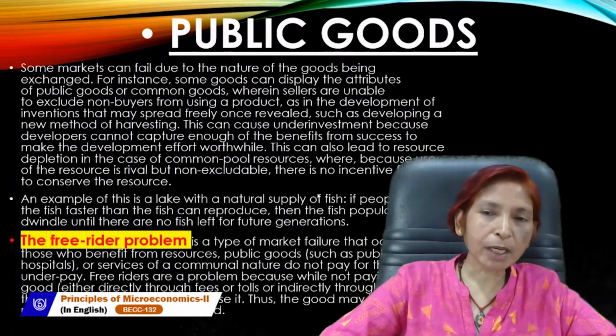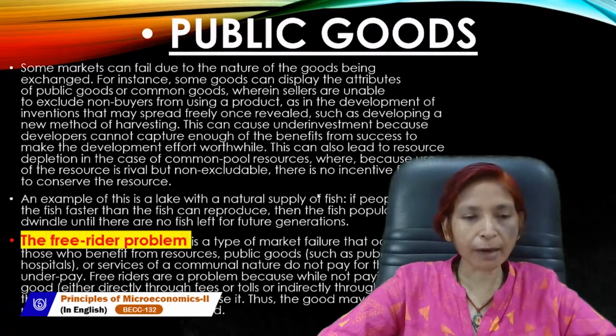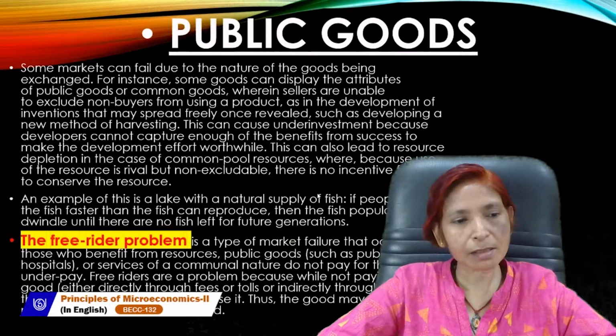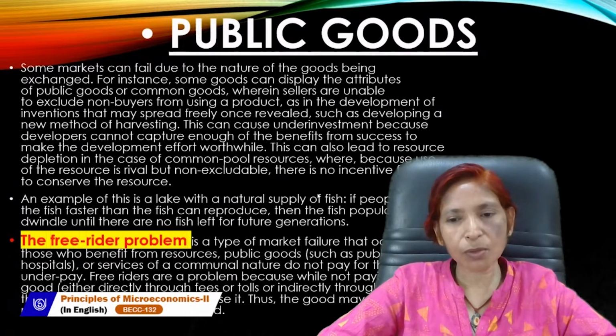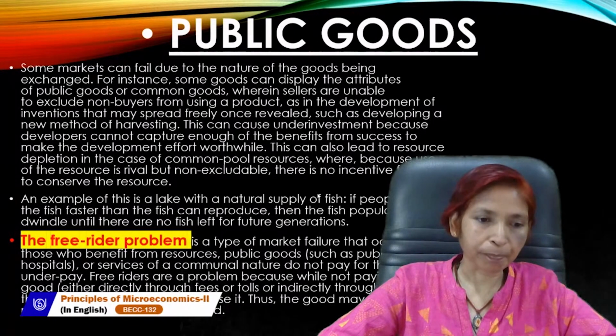In case of public goods, there is also a problem of free rider that arises. The free rider problem is a type of market failure that occurs when those who benefit from resources, public goods such as public roads, hospitals, services, or a communal nature, do not pay for them or underpay.